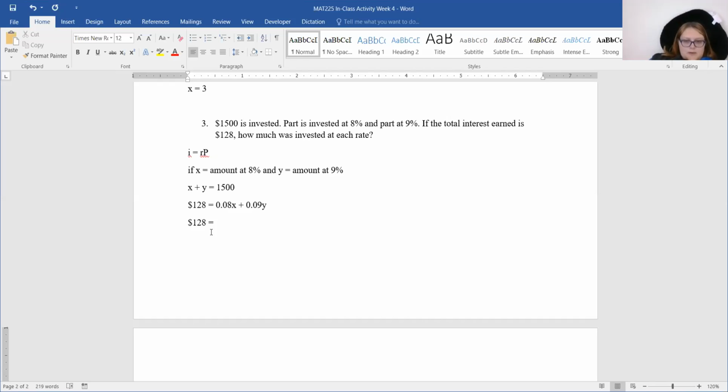And 20, and then it'd still be subtraction or addition, because it's a positive number. You are adding a negative number and a positive number. So you subtract the negative from the positive. 0.01. Yep. So I have 128 equals 120 plus 0.01y. Right. Okay.